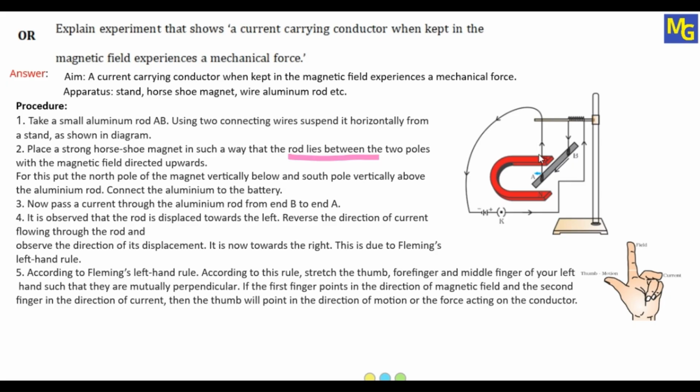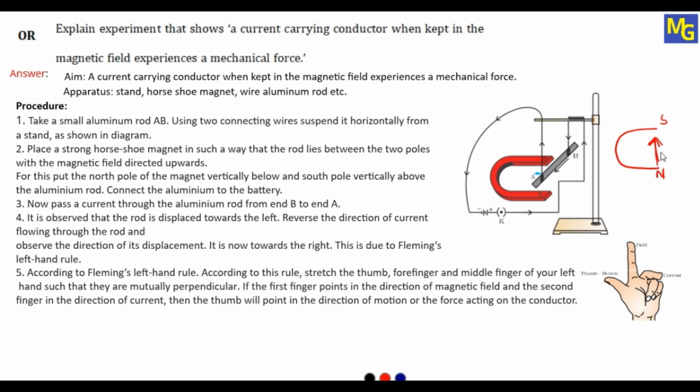So you have to take one horseshoe shaped magnet and adjust it in such a way that the magnetic field line's direction is upward. It means you have to place your horseshoe magnet like this. This should be the north pole and this should be the south pole, so that the magnetic field line direction is upwards like this. This is the direction of the magnetic field line from north to south pole.